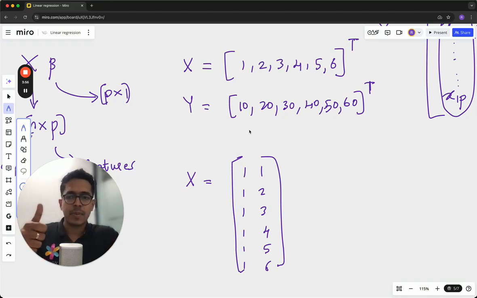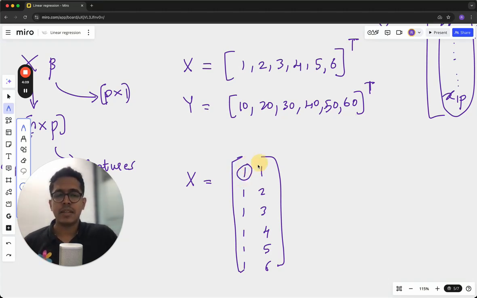We had 6 experiments, and the input for every experiment had just one dimension. But now every input has 2 dimensions. This is the value of the first dimension and this is the value of the second dimension for the first experiment. For the second experiment, this is the value of the first dimension, this is the value of the second dimension. Third experiment, like this, like this.